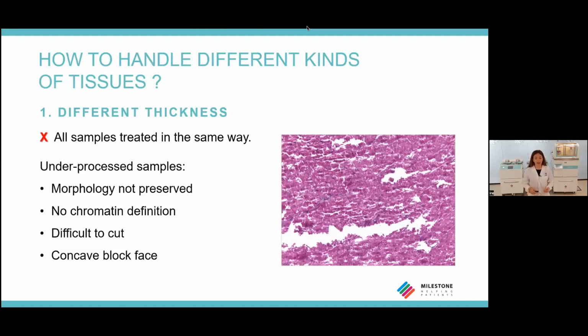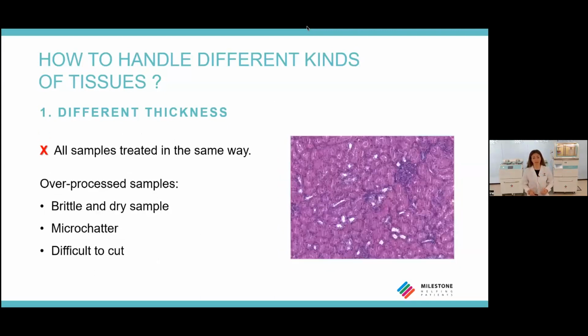Well noted are the problems when the sample is under-processed, so the tissue morphology is not preserved. The section may appear cloudy with no chromatin definition in the nuclei, and also the central area of the tissue is difficult to cut, and the block surface is not correctly flat.